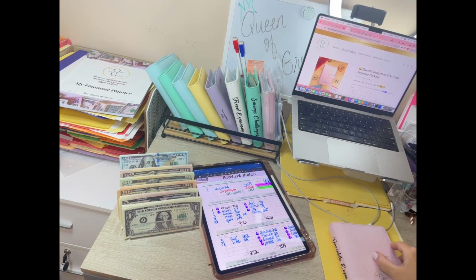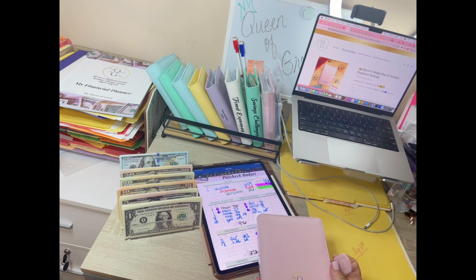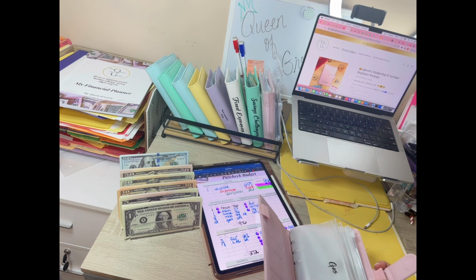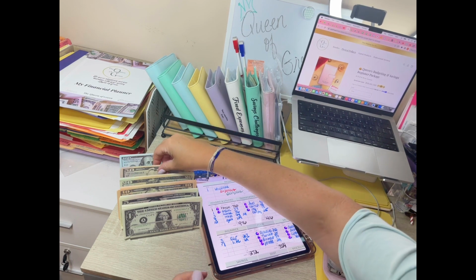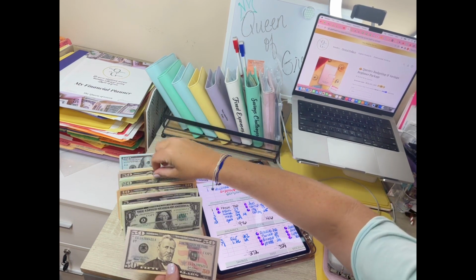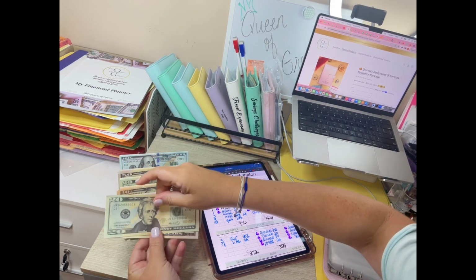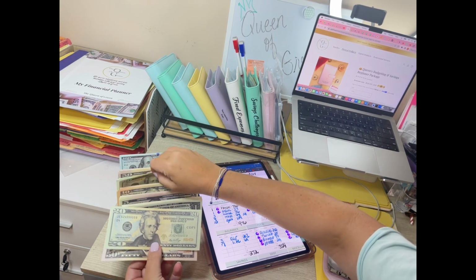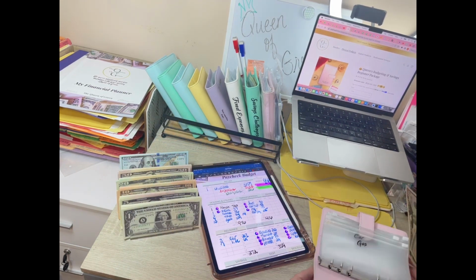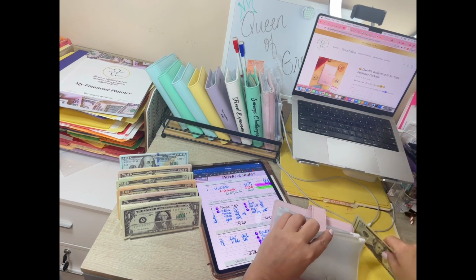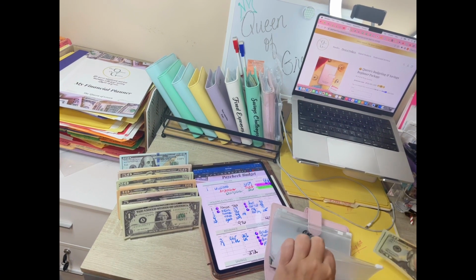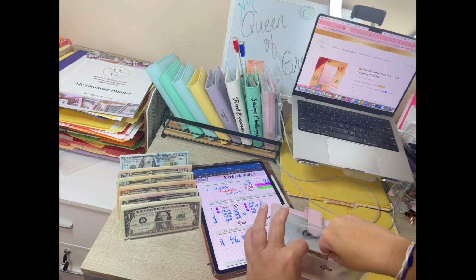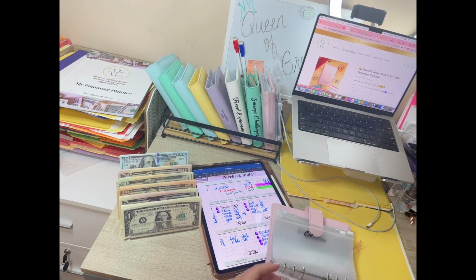And then we're going to do all the rest of our expenses. The fuel is going to get $90: 50, 70, 90. And then we're going to take that money and put it right inside for the fuel.